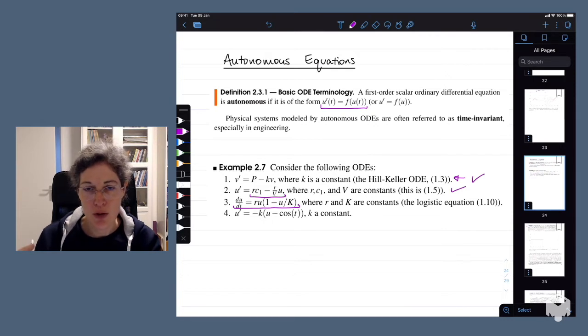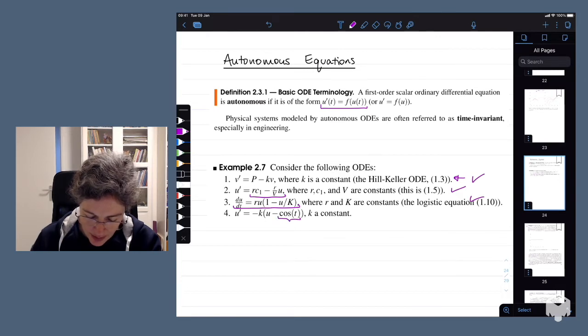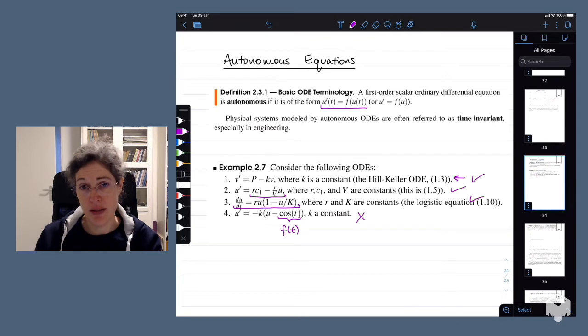It's used for modeling populations which have a carrying capacity. Again, no t's, so it is also autonomous. But this one over here, notice that this term here is an explicit function of t. So this is not autonomous because we have something that actually has t's in it instead of just u's.